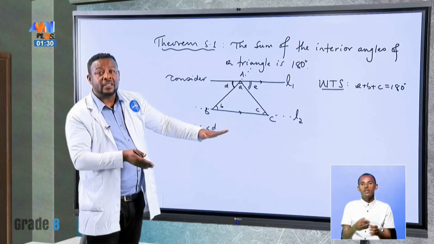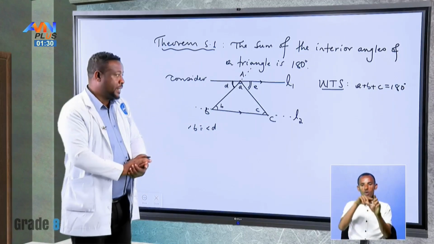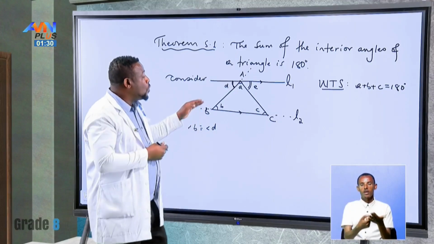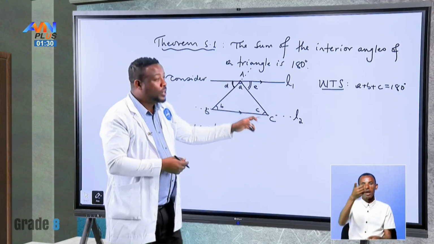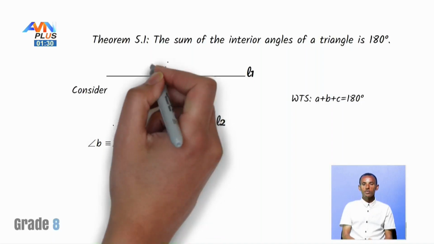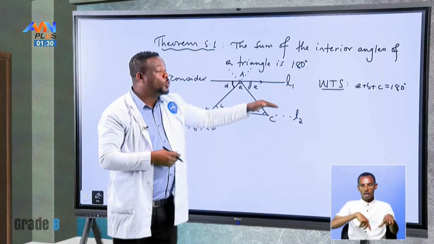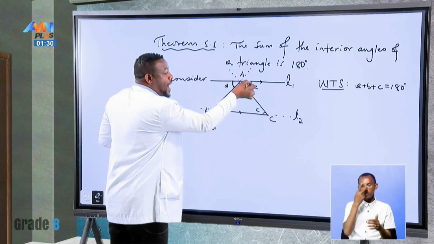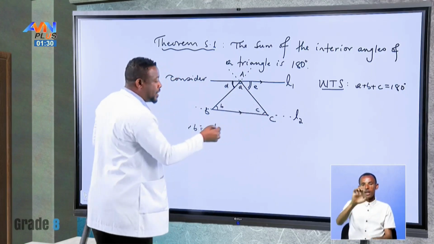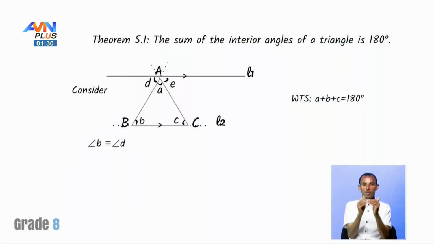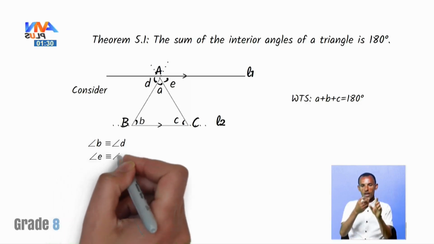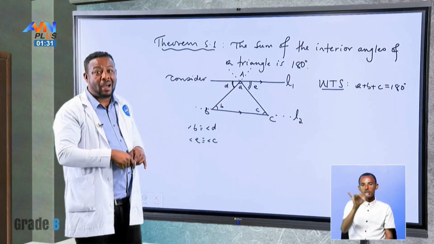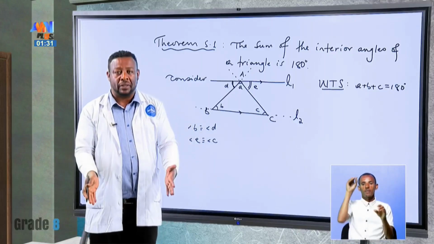The other fact that we have here is, if you consider AC as a transversal line for the two parallel lines, then angle E and angle C are congruent by the same reasoning, alternate interior angles are congruent.